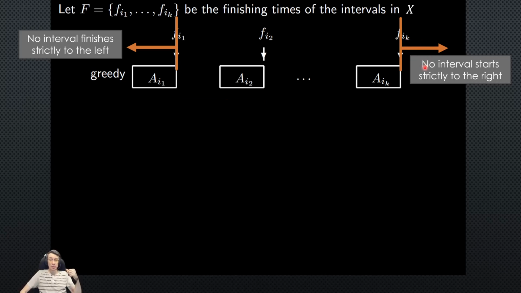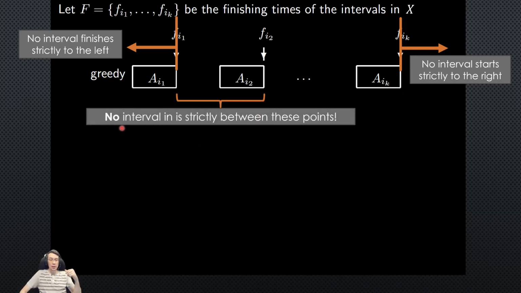So all of the intervals in the input finish between here and finish after here, here or later, and start here or earlier. Okay, and no interval is contained strictly between these 2 points, between the finish I1 and the finish I2, because if an interval started in here and finished somewhere in the middle, then greedy would have taken that instead of AI2.